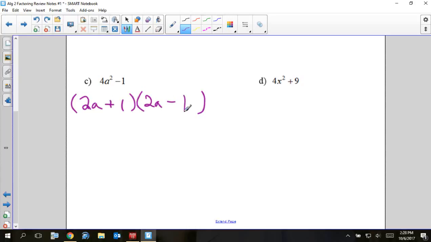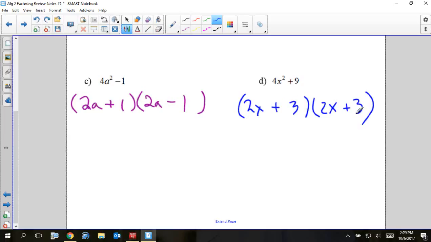How about D? What multiplies together to give us 4x squared? 2x and 2x. What multiplies together to give us plus 9? Positive 3, positive 3.